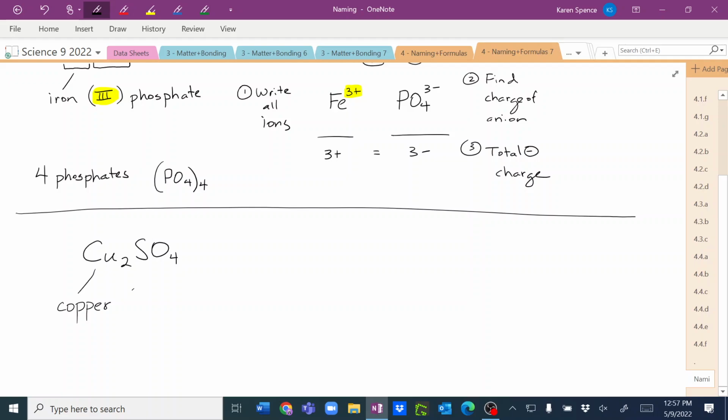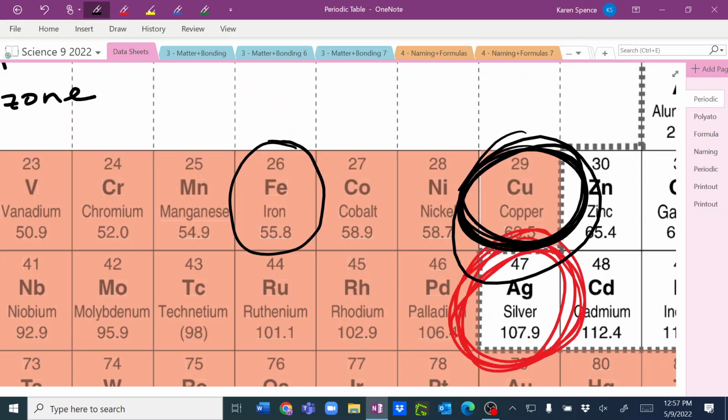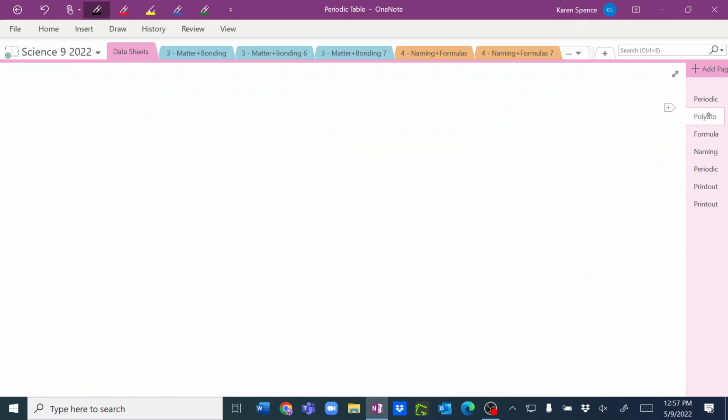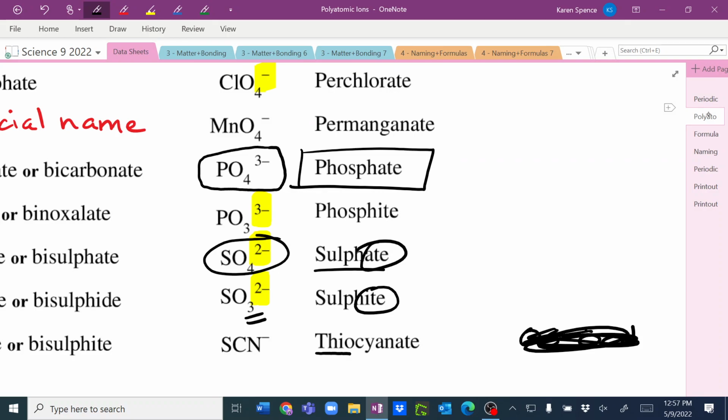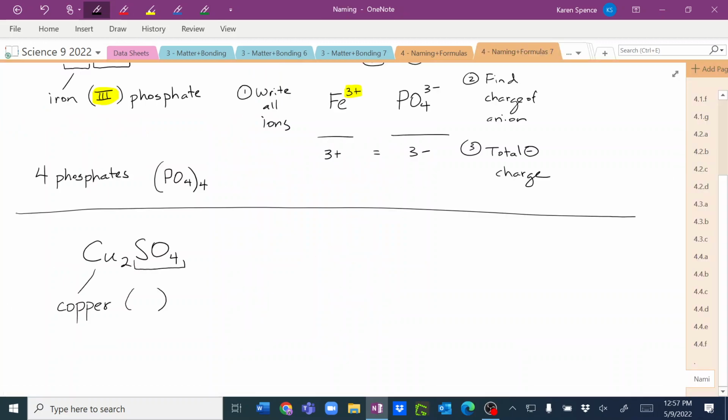So it's going to be copper something, and then whatever is after the copper is going to be a polyatomic ion if it's not a single atom. So we're going to look and say, what is SO4? SO4 is sulfate. SO3 would have been sulfite, but we have SO4, so it is sulfate. And while we were there, we could have looked up, it has a 2 minus charge.